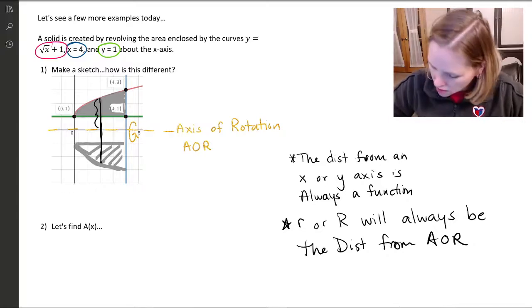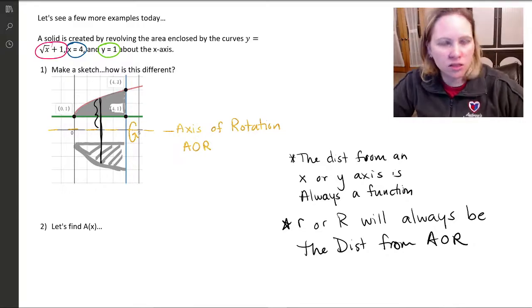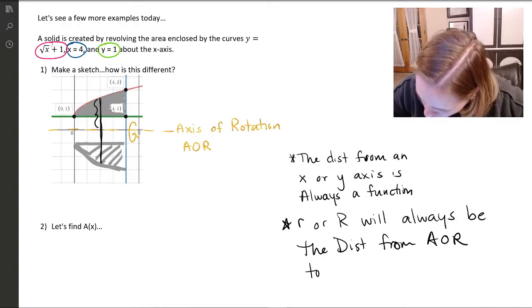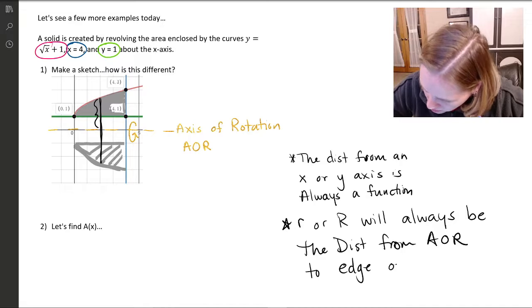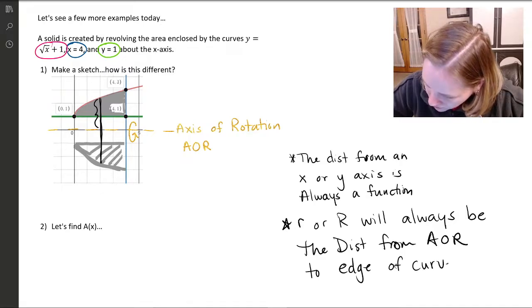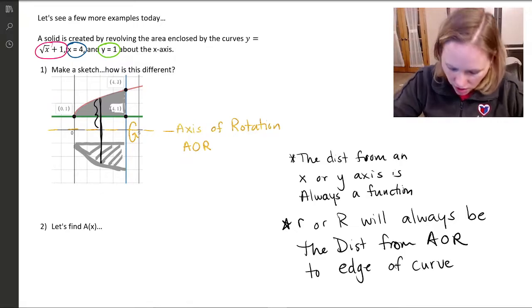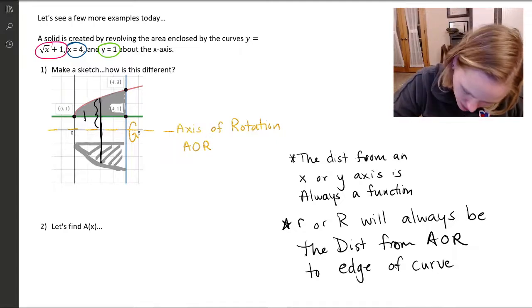We're going to see that. It's always the distance from the axis of revolution to the edge of the curve. So here we've got two edges. We've got the longer edge, and we're going to call that big R.